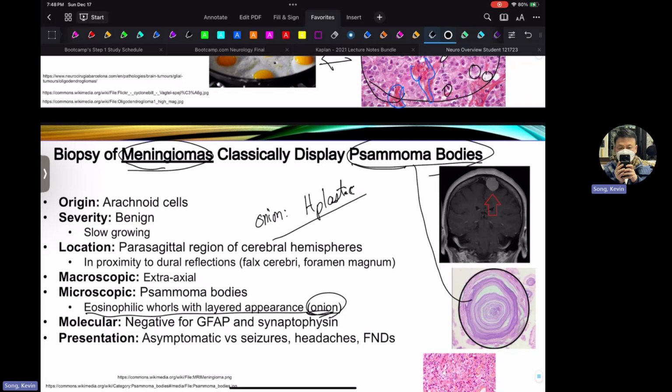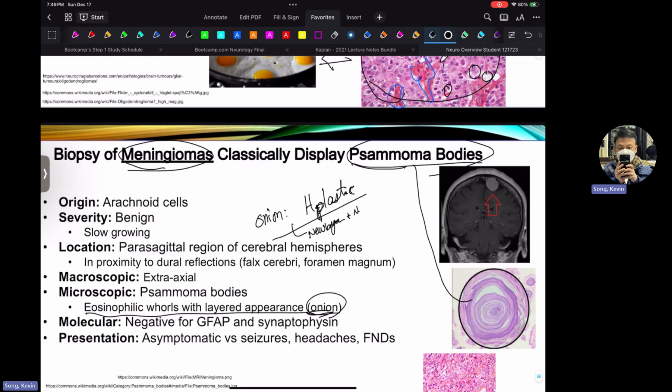Hyperplastic means that, instead of hypertrophic, new cells will be generated. New cells, new cells, new cells. So onion means a new layer appears.